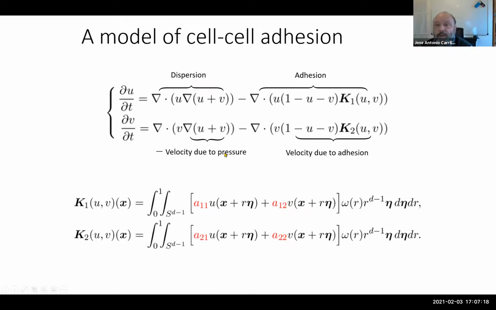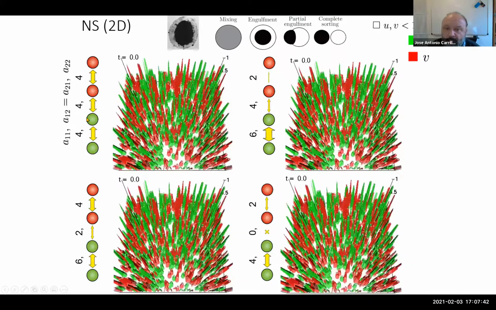Summarizing, you see the total population pressure, and the different adhesion forces modeled with different strengths, using essentially the same potential but taking different strengths for the different interactions. Here you have 4 simulations in which, on the side, you see the typical strengths that we put between the different types of cells: red with red, green with green, and green with red.